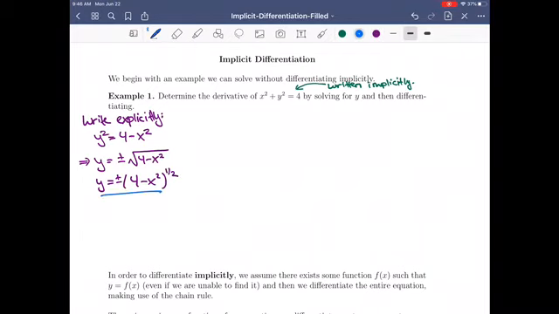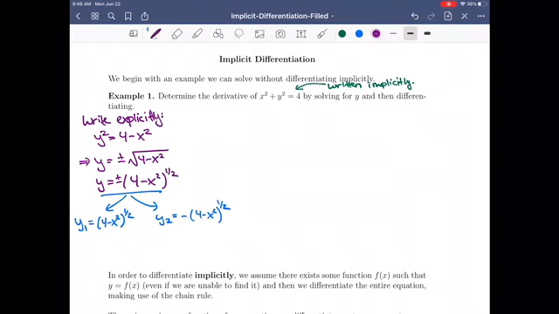Okay, so there's two different equations for y. I'm going to call y1 the positive one, and y2 can be the negative one. Okay, so this happens because I don't have a function. So for certain x values, I could get multiple y values. So I would have to do the derivative of each.